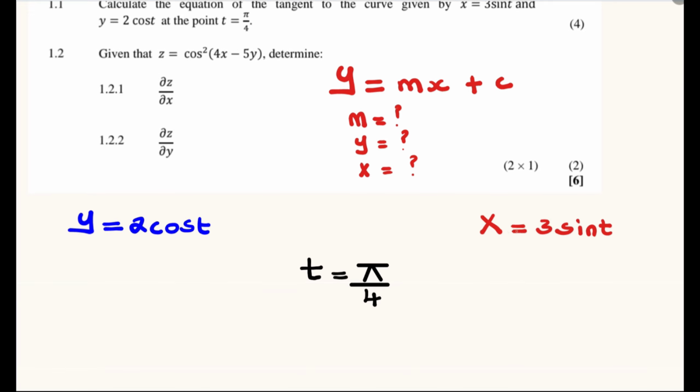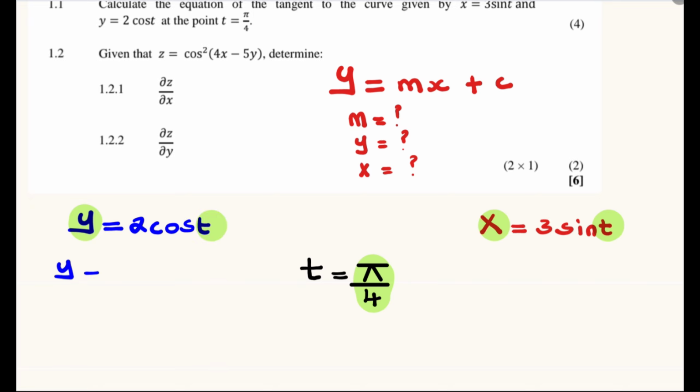To determine our x, we are going to substitute the pi over 4 where there is the t, and also to determine the y, we substitute the pi over 4 where there is that t.